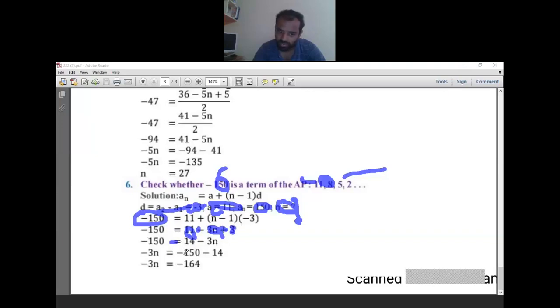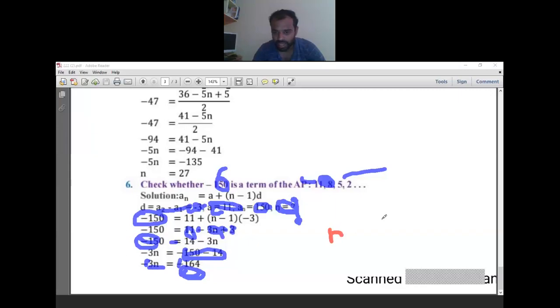Now send this 14 to that side, it will become minus 150, and minus 150 is there already. If you bring this plus 14 to the left hand side, it will become minus 14. Here both have minus, therefore you have to add these two numbers, and it becomes minus 164. Next, you have to bring this 3 to this side. Both sides have minus sign, so you can cancel this minus sign, or otherwise multiply both sides by minus: minus into minus is plus.